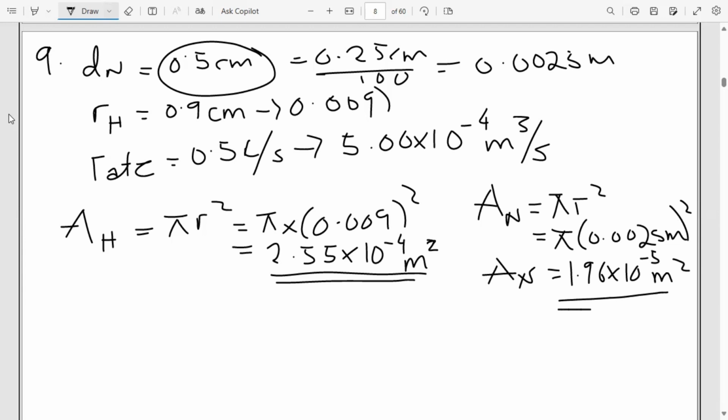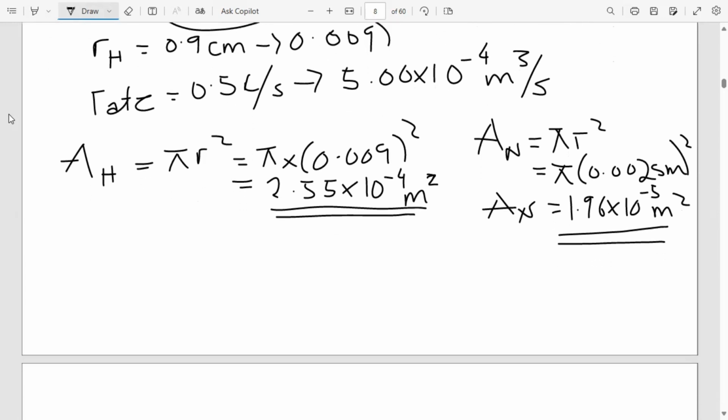So we have the cross-sectional area of both the holes and the nozzle. What are we going to do? We're now going to use these areas to find the speed of the water in both the holes and the nozzle. How are we going to do this? We're going to use the principle of continuity.